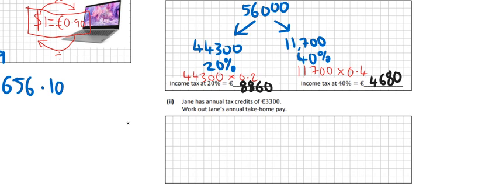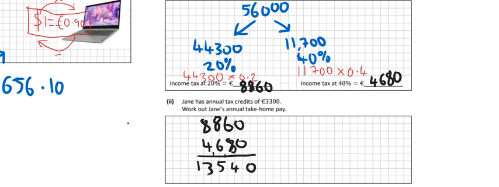So what we have to do is 8860 and 4680 added together, and that's going to give us the total amount of tax paid then. So 13,540. That's the total tax that has to be paid, or gross tax. So we're going to take away the tax credits from that then.